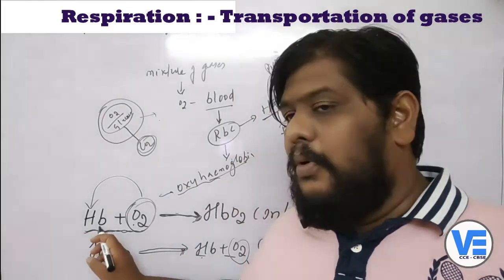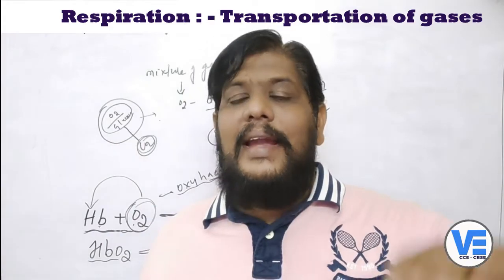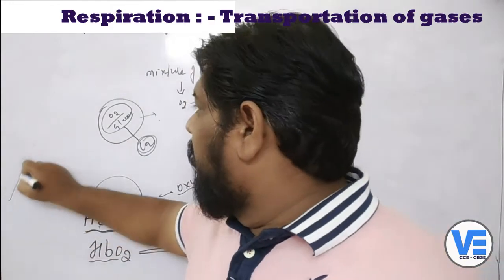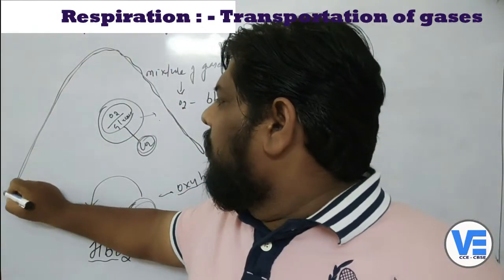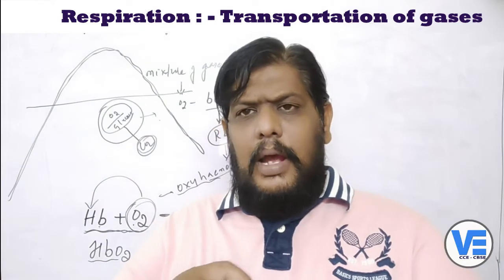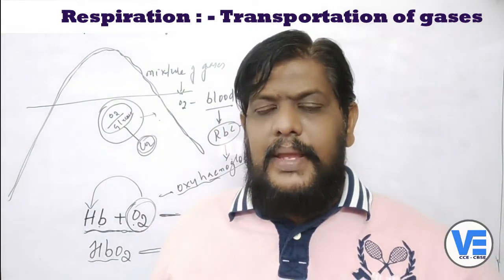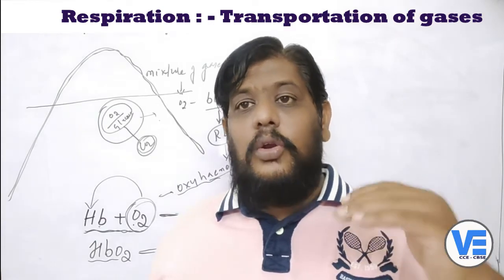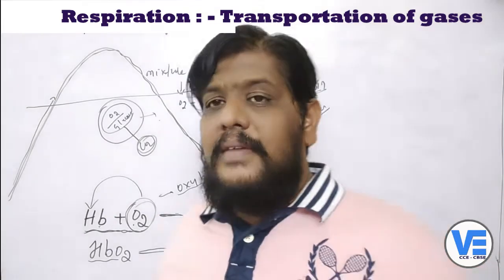Now if you go to higher altitudes, for example, if you are going to Mount Everest, up to a particular level the oxygen will be sufficient. But once you cross that level and start going to higher altitudes, the oxygen levels are very, very low.